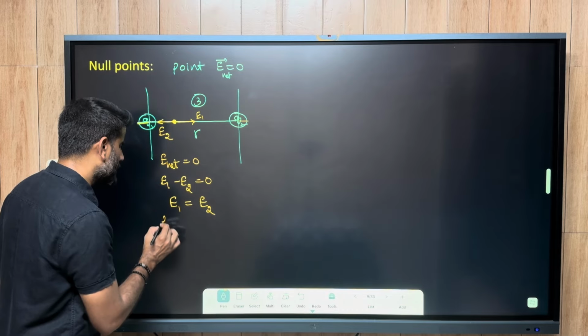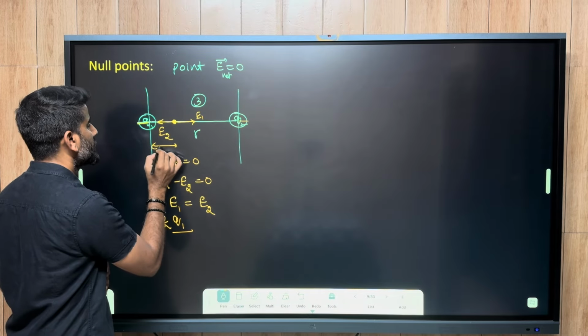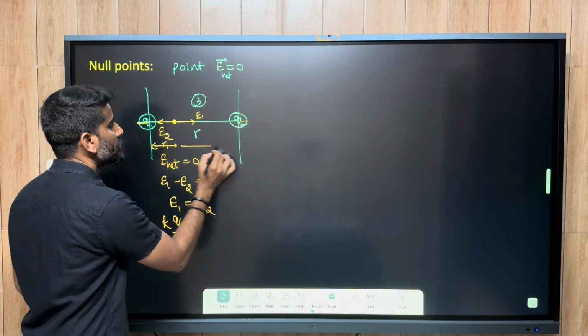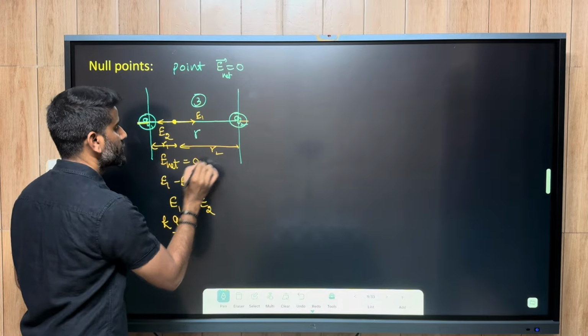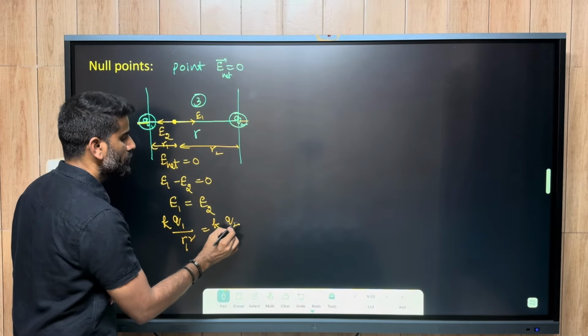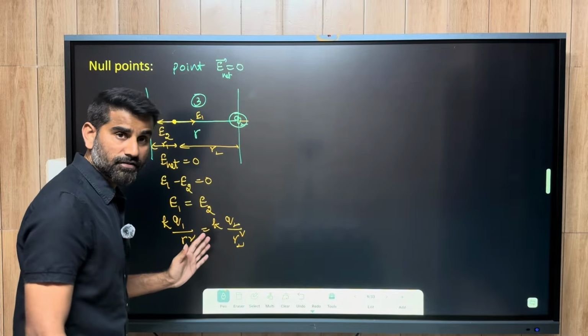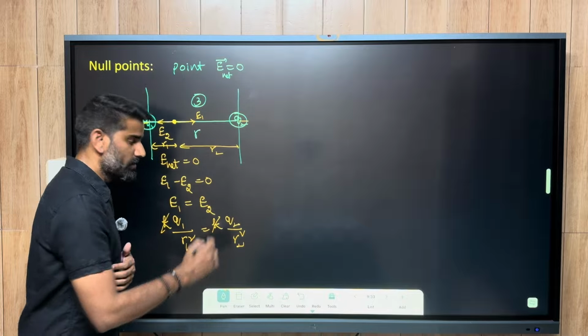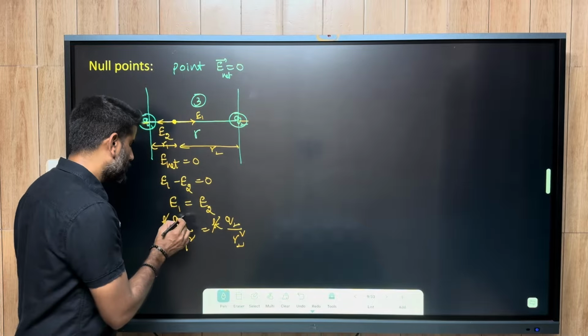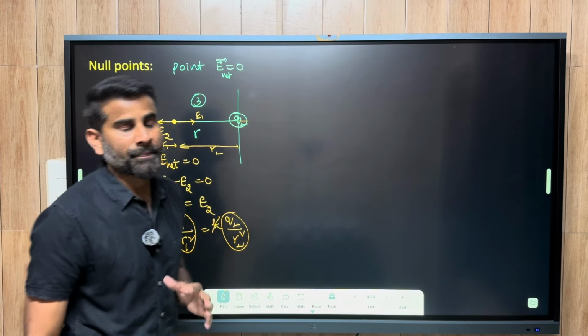So E1 is nothing but K Q1 by R1 squared, where let us suppose this distance is R1. Now this distance, let it be R2. So K Q1 by R1 squared is equal to K Q2 by R2 squared. Hope this point is clear. If I cancel this K on both sides, what am I left with? Q1 by R1 squared equals Q2 by R2 squared.